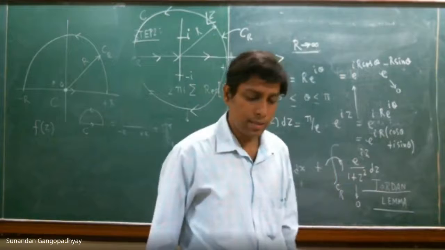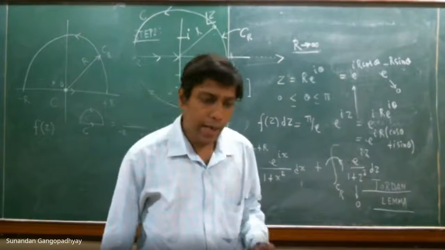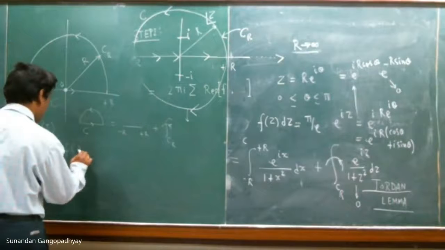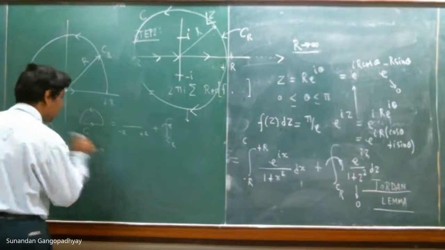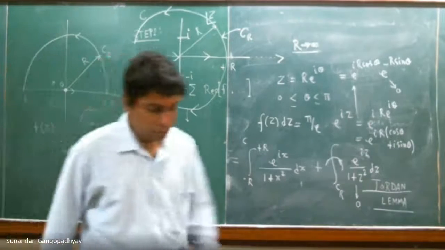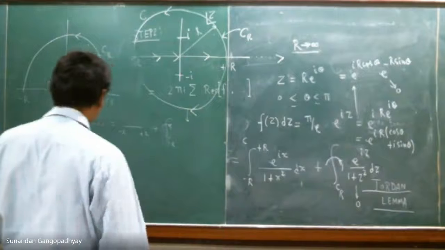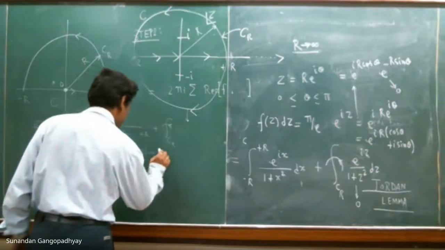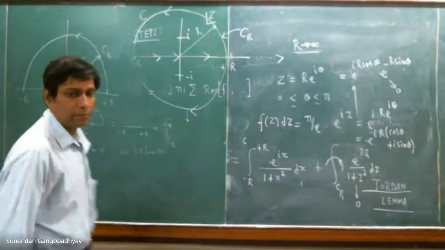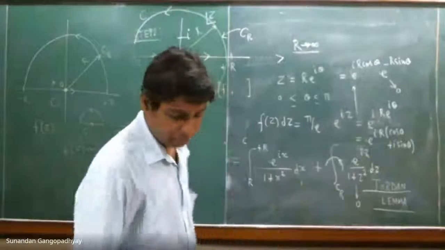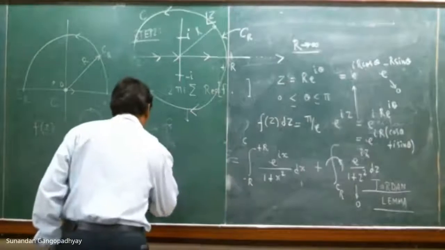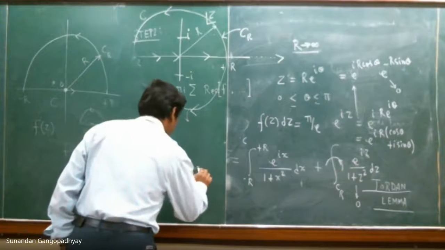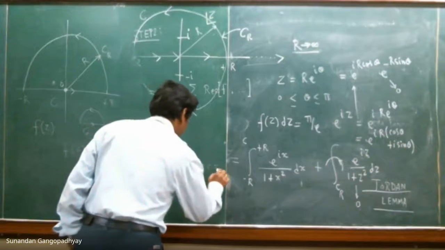f(z) has this property. And the second property is very important, that f(z) approaches 0, f(z) tends to 0 uniformly as mod z tends to infinity, for 0 less than argument of z less than pi.